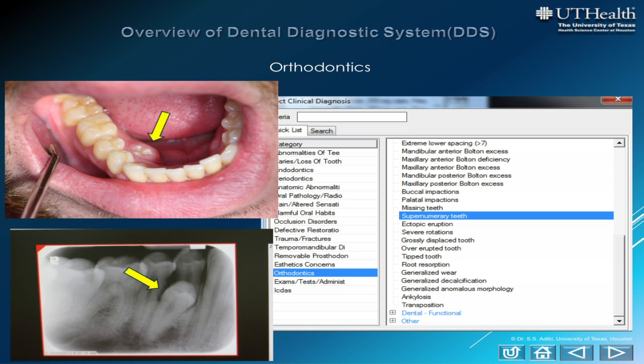This 24 years old male patient has an extra partially impacted tooth that is mainly due to dental parameter conditions in the mandible. Therefore, a diagnosis of supernumerary teeth would be appropriate for this case.